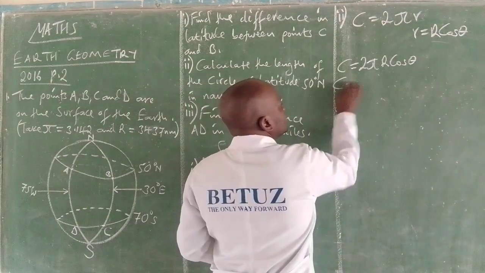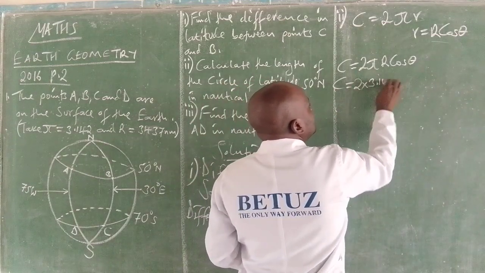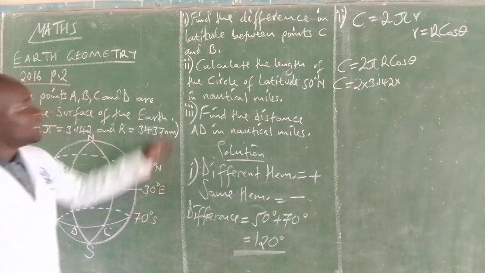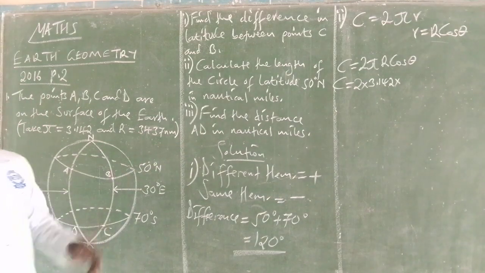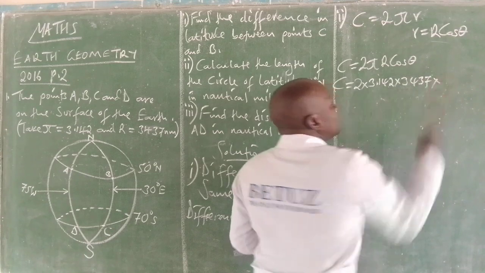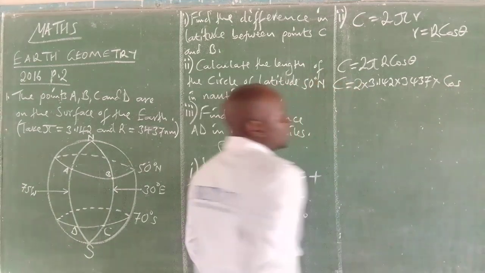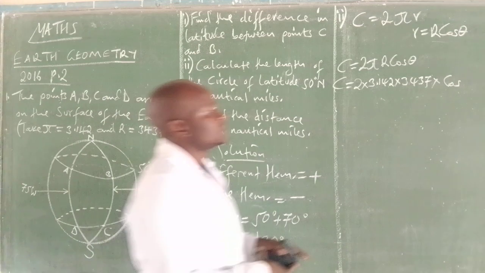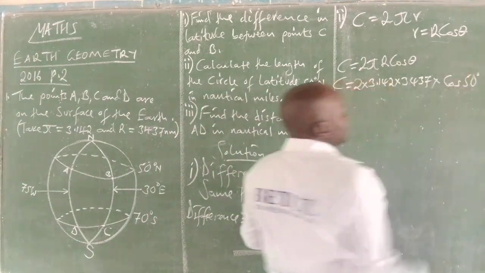So we simply replace. This gives us 2 multiplied by 3.142 multiplied by the radius, and they are saying find it in nautical miles, so you use the same figure given in the question, 3437, multiplied by cos. The cos here will be the same latitude mentioned in the question, latitude 50 degrees north, so cos 50 degrees.